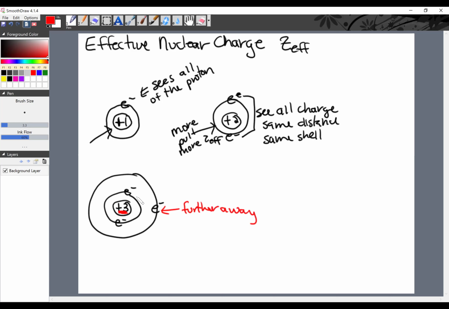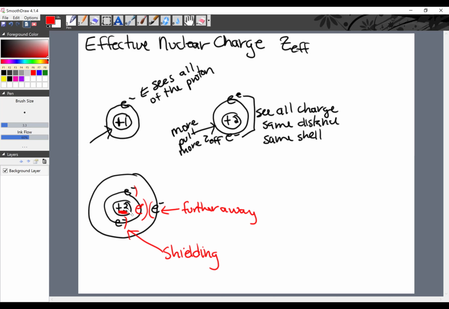And these two could shield it. At any given moment, to see if that electron was there, it is shielding this electron, so it can't see the whole +3 charge from the nucleus. And so it has less effective nuclear charge.